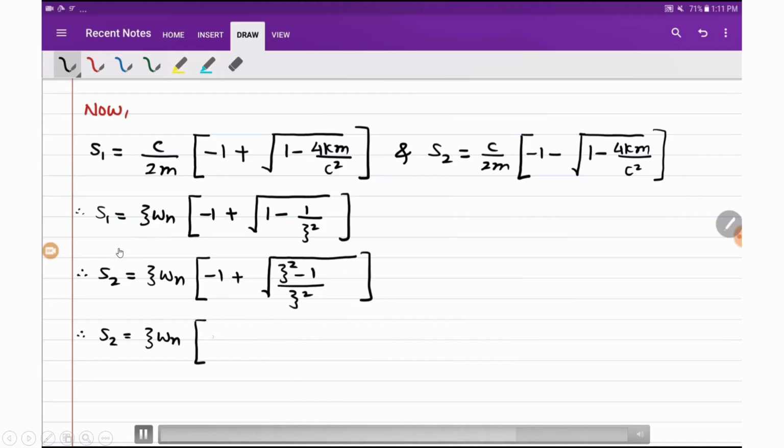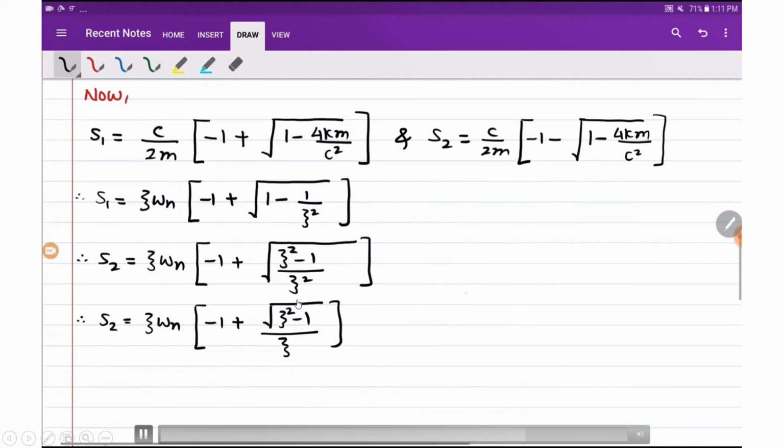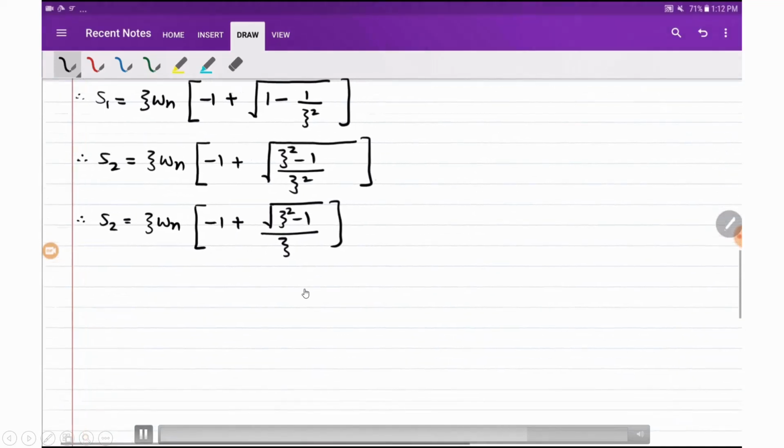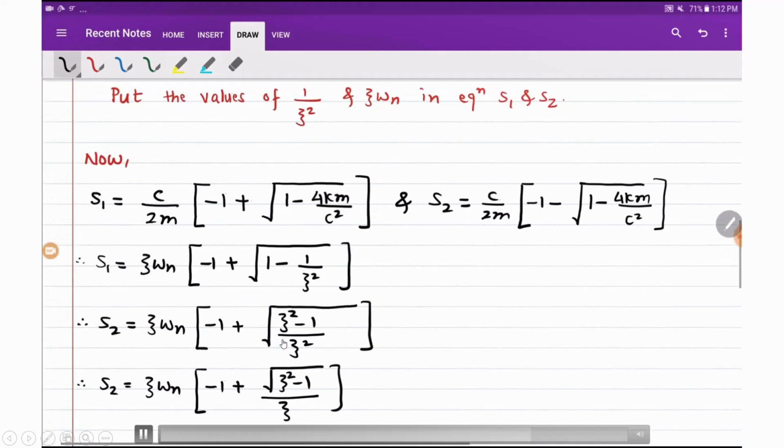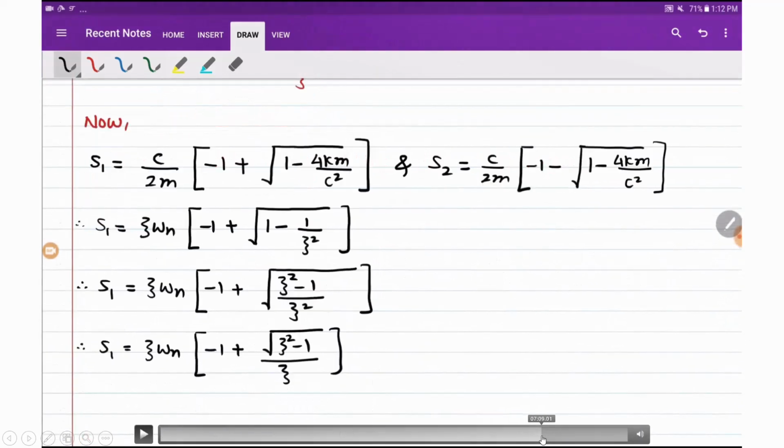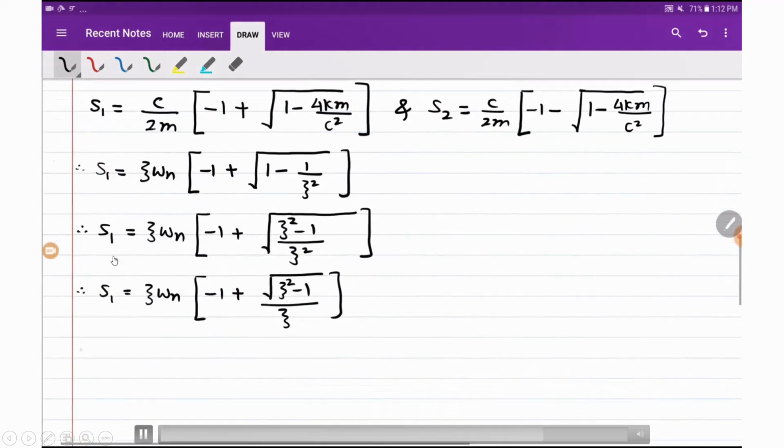So now this is S1: zeta omega n minus 1 plus square root of, cross multiplying by zeta square, zeta square minus 1 divided by zeta square. So this is S1 which we have replaced.